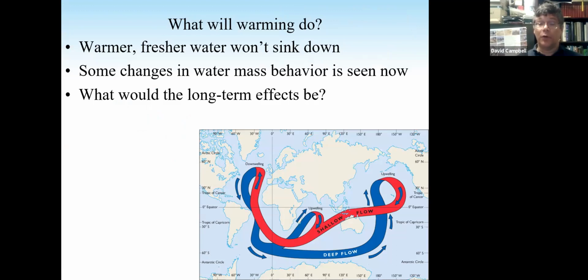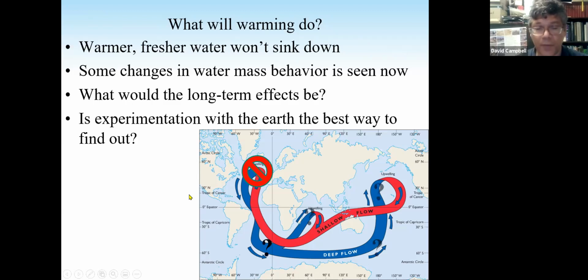What's going to happen long term? If we are no longer seeing the sinking of cool, salty water there that starts up the global pattern, now it's going to have some impacts. Now, exactly how this will work, hard to tell, but trying to run an experiment on the Earth, not such a great plan.